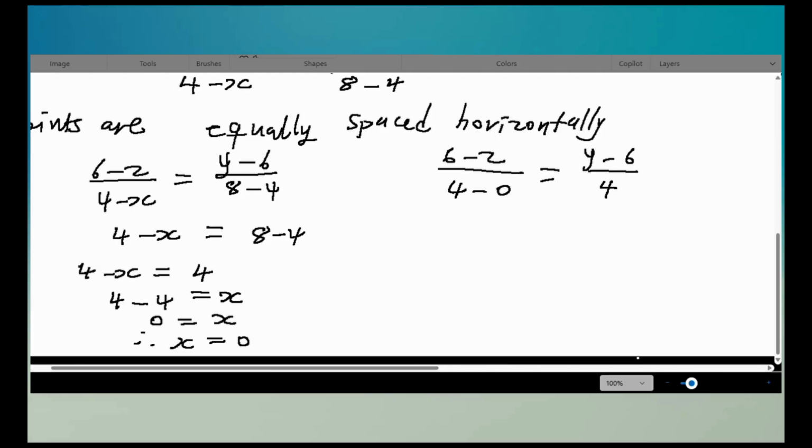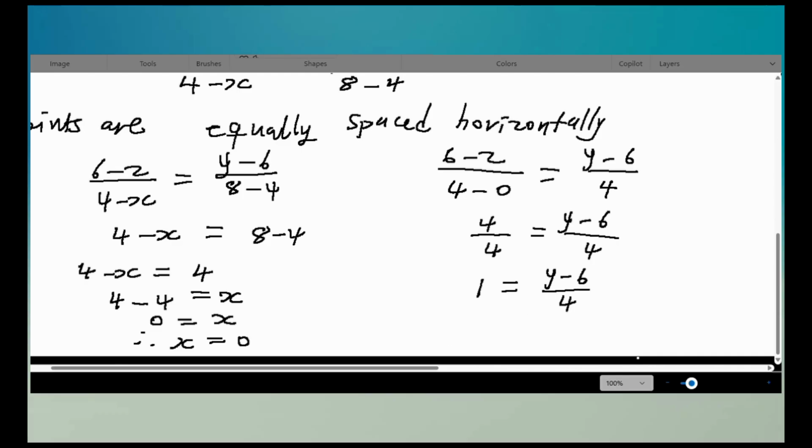Now 6 minus 2 is 4, and 4 minus 0 is 4, equal to y minus 6 all over 4, and 4 over 4 is going to give us 1, then y minus 6 all over 4.